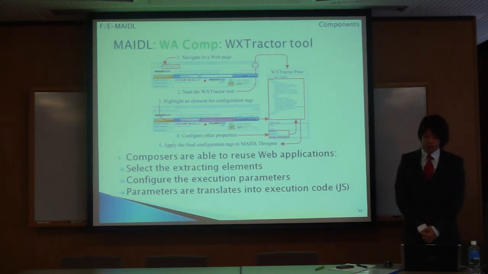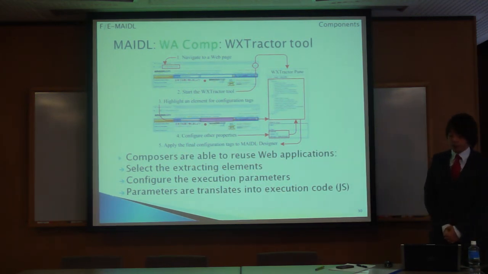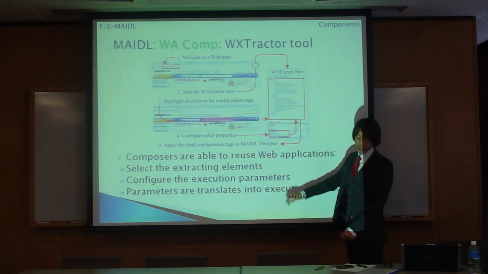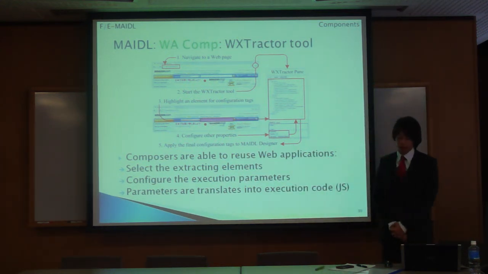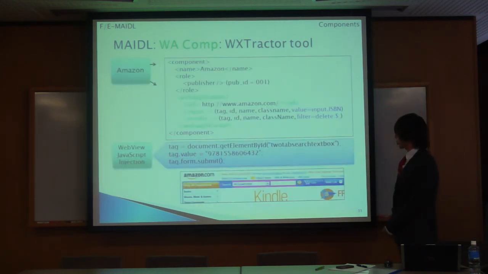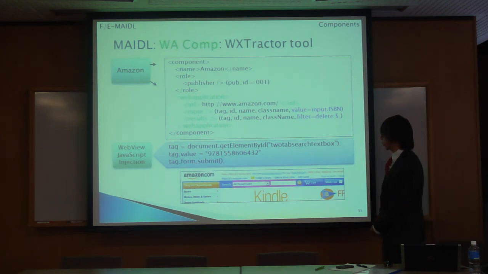The execution parameters include clicks, form submit, text extraction, link extraction, or image extraction. So the parameters are translated to execution code in JavaScript later in the final process. So this is how the JavaScript code will look in the final process.